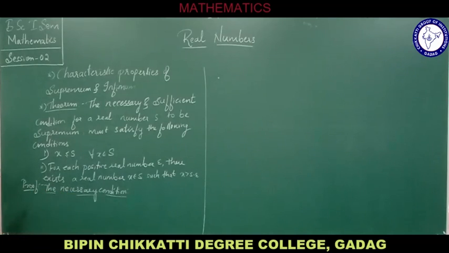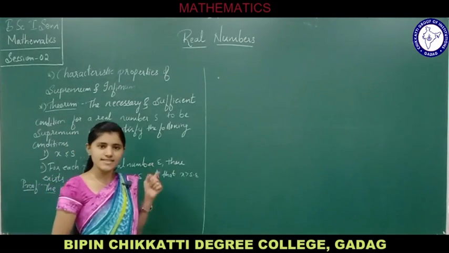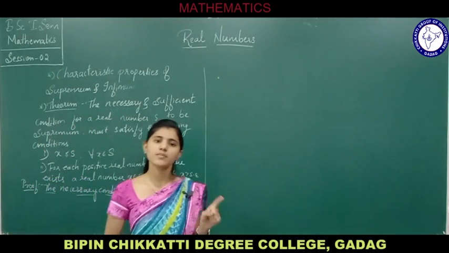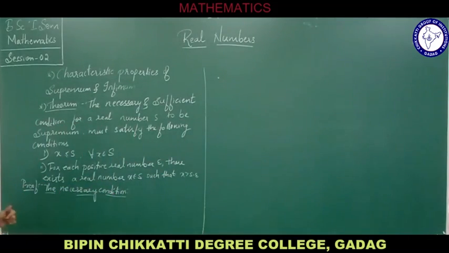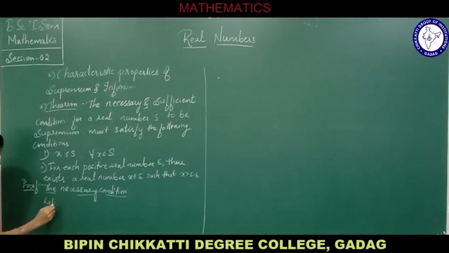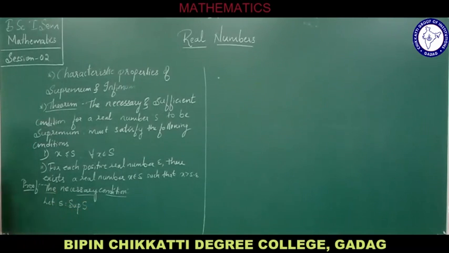First we shall prove the necessary condition, and then go on to the sufficient condition. Let us consider S to be the supremum of the set S. We all know the definition.